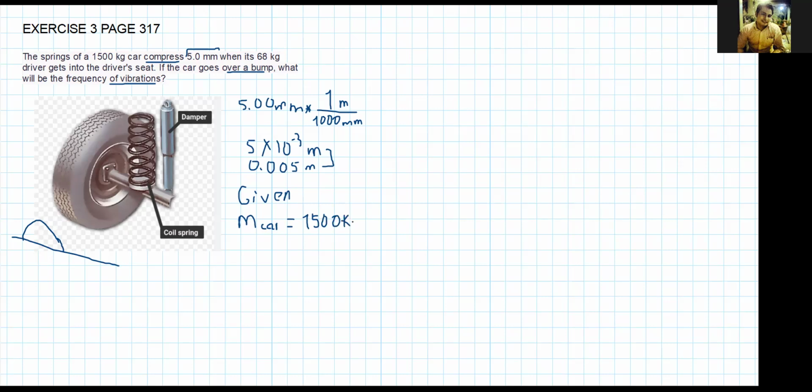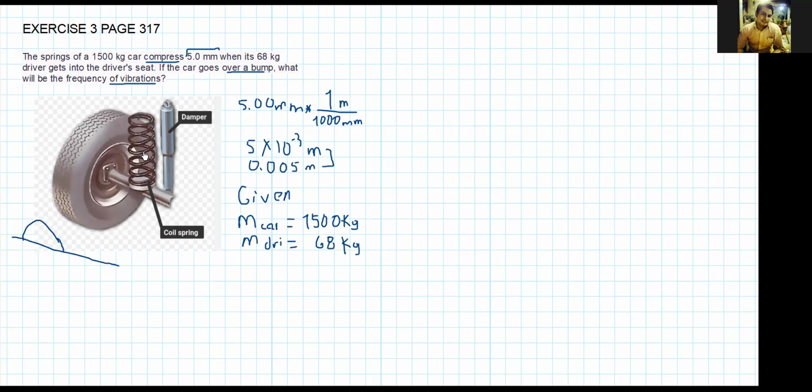I have the mass of the person, or in this case, the driver. I'll write here mass of the driver. The mass of the driver is 68 kilograms. No problem with this measurement. I have both in kilograms, okay? We have as well as given information that in this spring that we have here, we are applying a force in this position, okay?